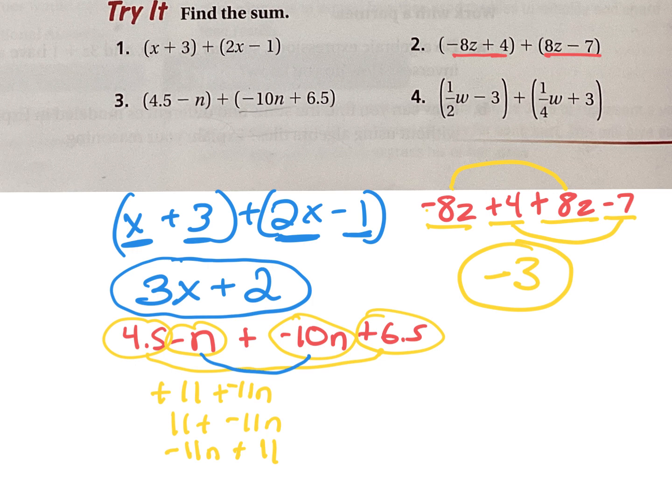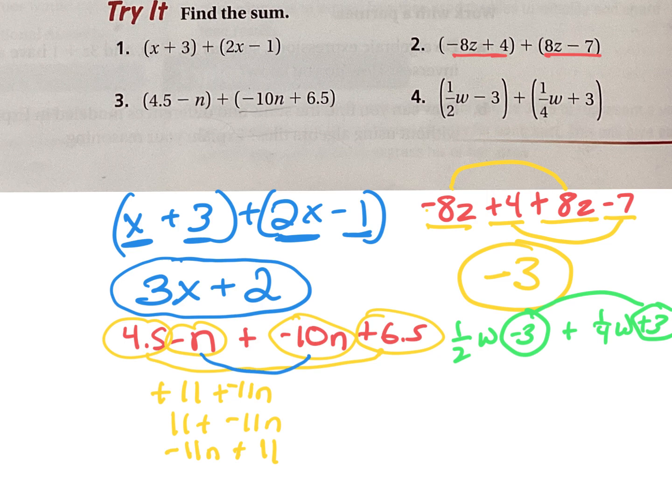And our final one, 1/2 w minus 3 plus 1/4 w plus 3. Again, I'm looking for my like terms, and I look at the constant there and the constant there. And when I put negative 3 with a positive 3, that's 0. So I don't need to do anything with that.